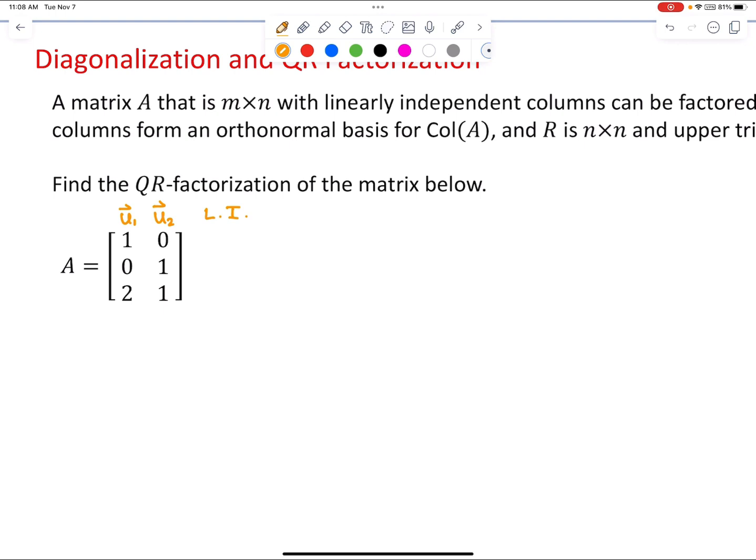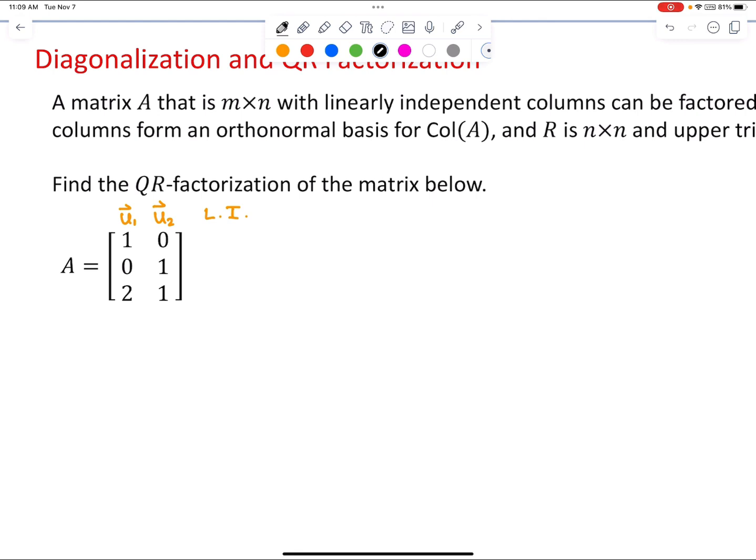So if we think of u1 and u2 as a non-orthogonal, non-orthonormal basis for column space of A, then all we have to do is convert this to an orthonormal basis using the Gram-Schmidt process. And recall, to say orthonormal means that we need 2 vectors that are perpendicular to each other, that still span the same space as these 2 vectors, u1 and u2, and whose magnitudes are 1, so they need to be normalized.